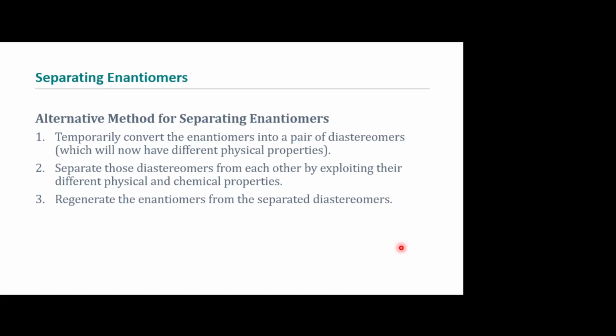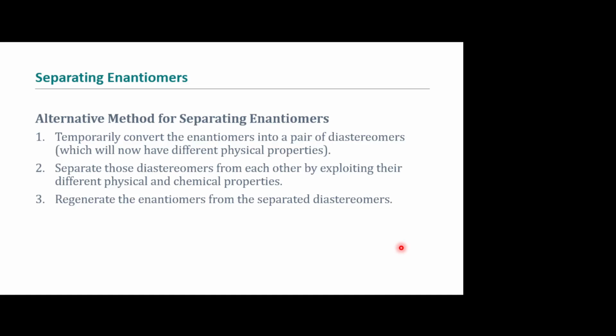There's actually a bunch of methods for separating enantiomers. One of the main alternative methods is temporarily converting the enantiomers into a pair of diastereomers. If you convert them into diastereomers and they have different enough physical properties, you can then separate them with distillation and just your normal separation methods.